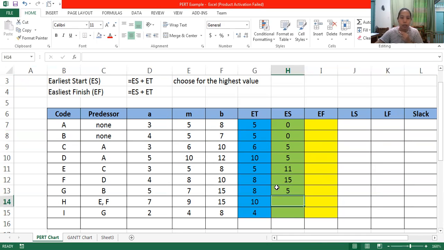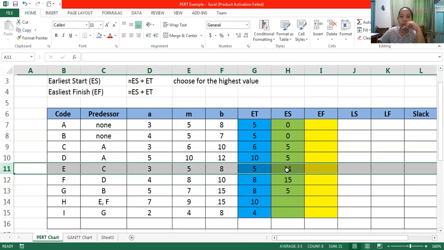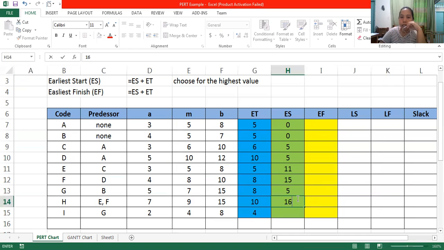That is 5. And then here, we cannot apply choosing the highest value yet because H has two predecessors. The first predecessor of H is E. So let's go back to E. E is 11 and 5, so 11 plus 5 is 16.